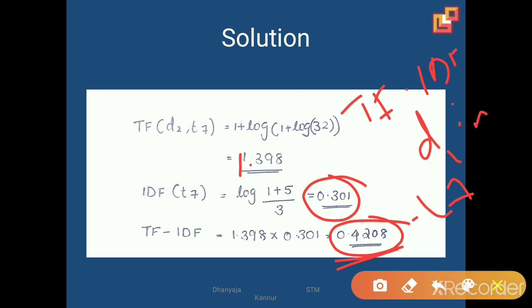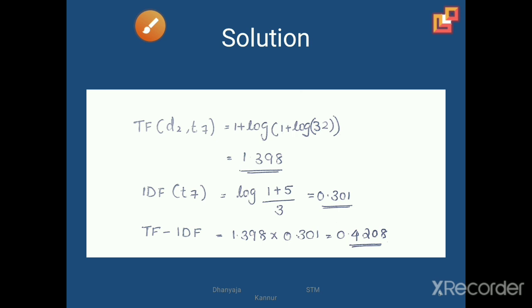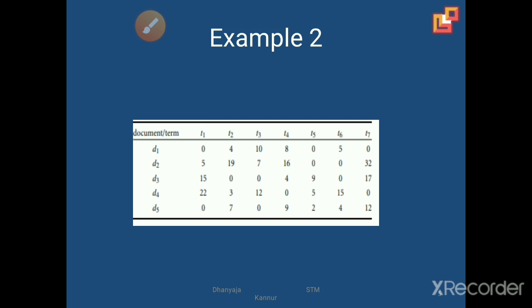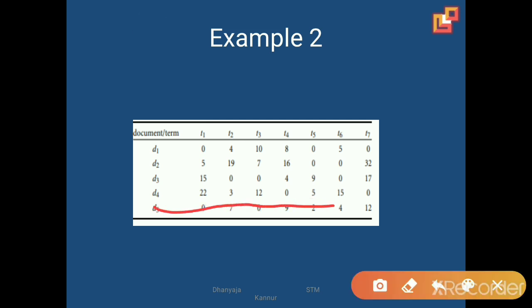Hope all of you understood this question also. Similarly, if you are asked for D4 in T6, how will you find it? Inside D4, how many times is the term T6 occurring? It is occurring 15 times. So first you will find 1 plus log of 1 plus log 15. After that, you have to find the IDF value of T6.